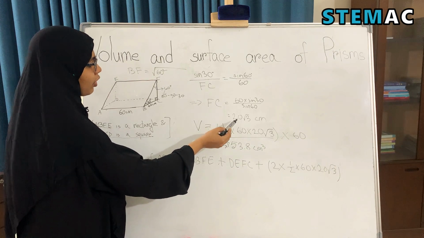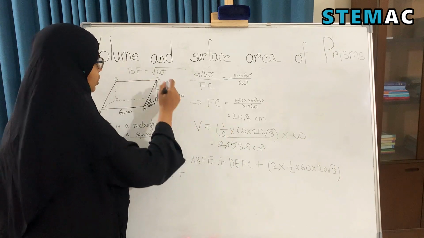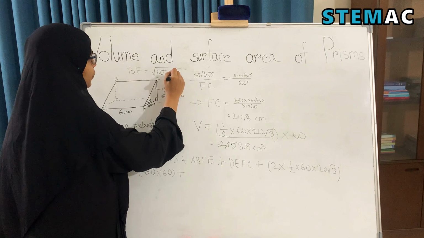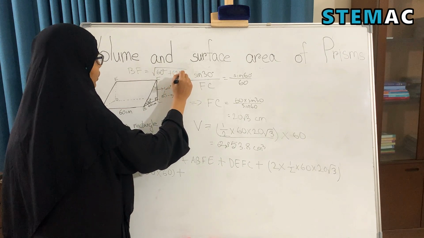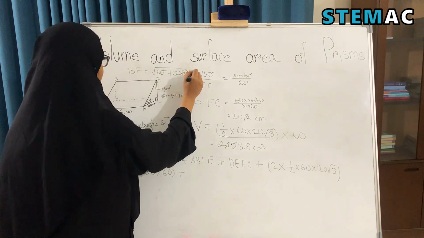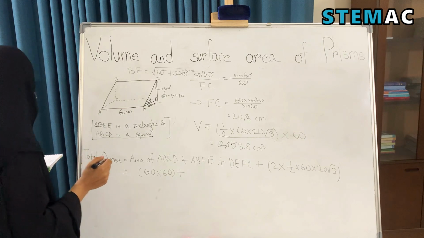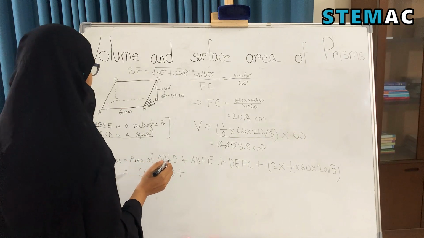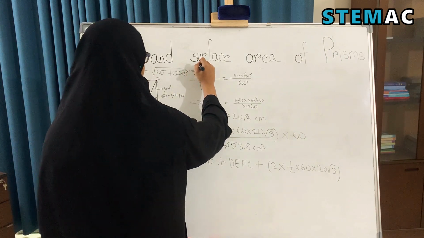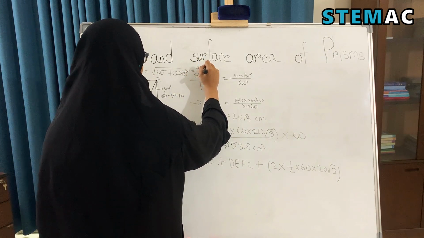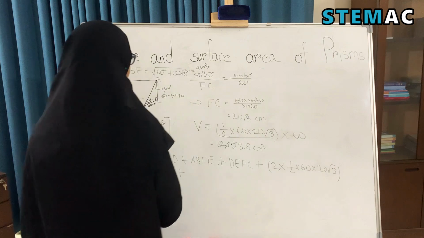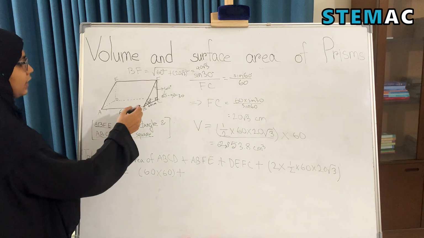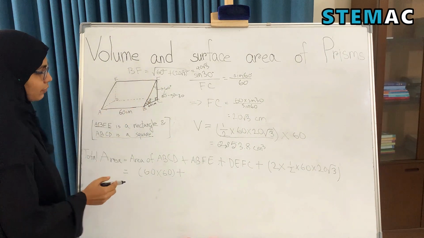FC is 20 root 3, so (20 root 3) square, which equals 40 root 3. So the length of this is 40 root 3.